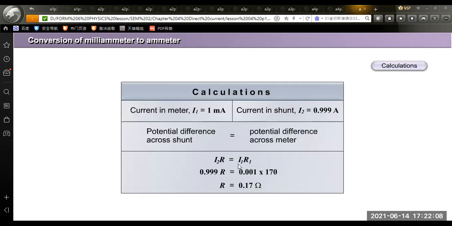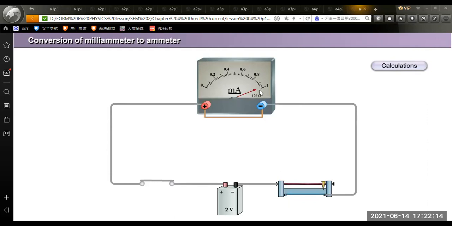1 milliampere times 170 ohm. The resistance of the milliammeter gives the voltage across the milliammeter. The voltage across the milliammeter equals the voltage across the shunt. Okay, why? Because as we know, the total current in is higher, right?